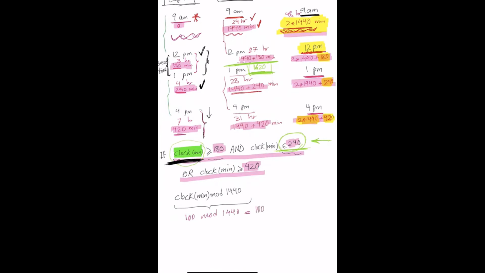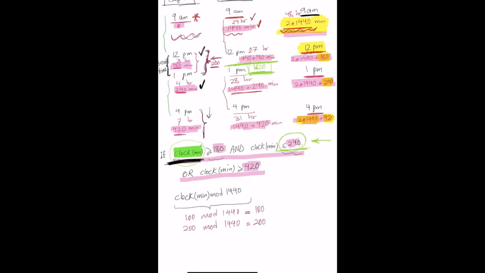Let's assume I'm somewhere here in the break in the first day, at minute 200, which is obviously between 180 and 240. I write 200 mod 1440, and this operation returns 200 to me.